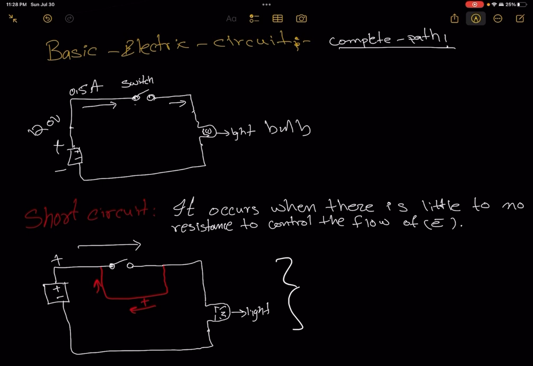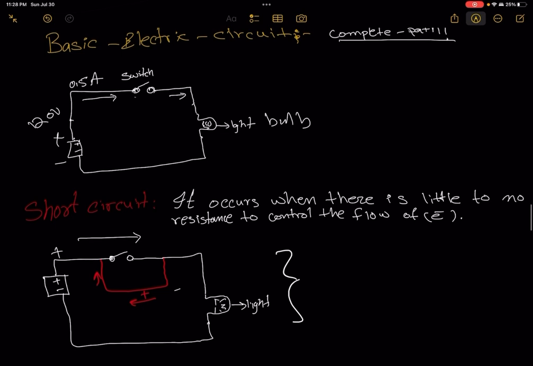I have a battery here connected to this light bulb, same exact circuit, but if there is a bare wire going from here to there directly, it doesn't matter whether I close the switch or not, the electricity will find the shortest way back, which will be this way. There is no resistance to it, because the bulb is our resistance. So it will just short the circuit and will not light up this bulb. So there is the short circuit.